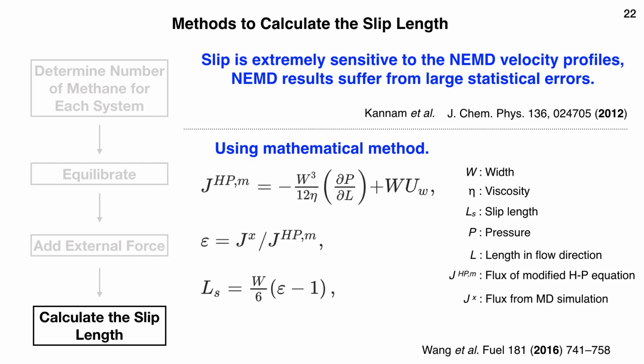Considering that the slip is extremely sensitive to the NEMD velocity profiles and the NEMD results suffer from large statistical errors, we decided to use the mathematical method, using the flux as shown here, to calculate the slip length. We will not discuss these formulas in detail due to the time limitation here.